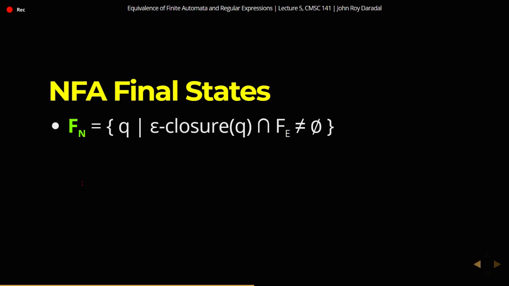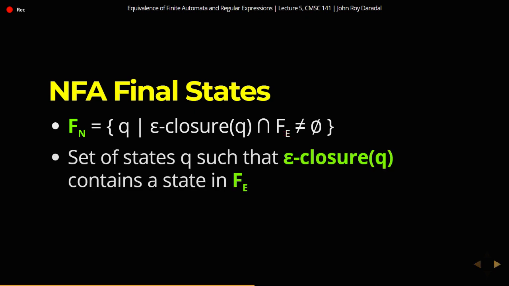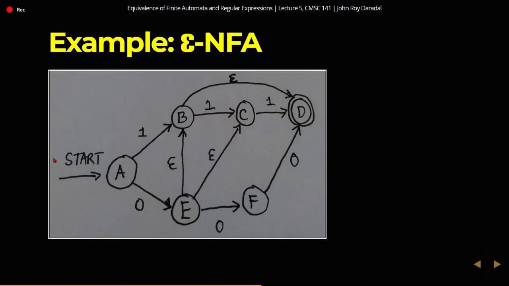Okay, so formally, the set of final states in our equivalent NFA would be all sets Q such that the epsilon closure of Q reaches a final state in the original epsilon NFA. Okay, so set of states Q such that epsilon closure contains a state in the final states. Okay, so that's what we'll do later. So now it's time to see an example of how to convert our epsilon NFA to the equivalent NFA.